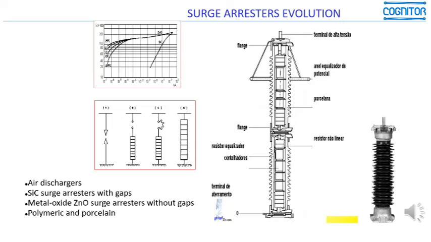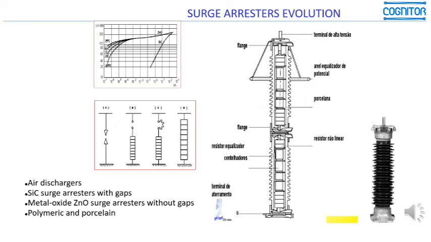After this, the surge arresters evolved to silicon carbide surge arresters, which also had gaps, but they were a set of a gap in series with small pieces of special material that had a more controllable value of resistance, but not yet as low as we would like to have.